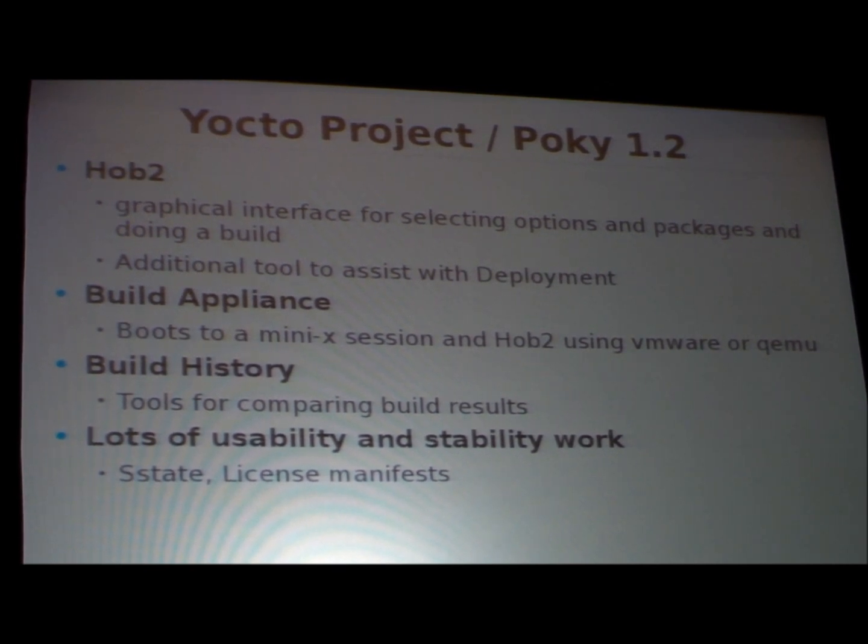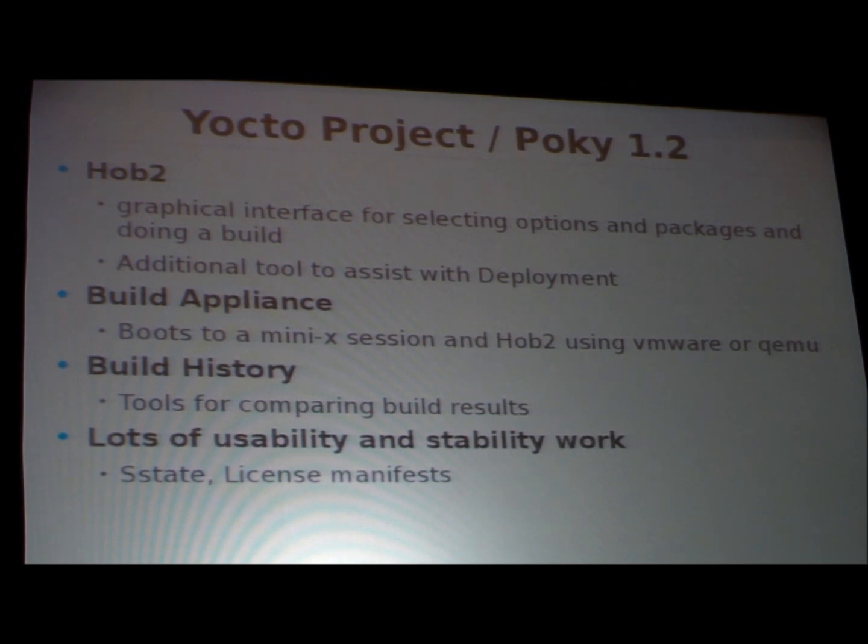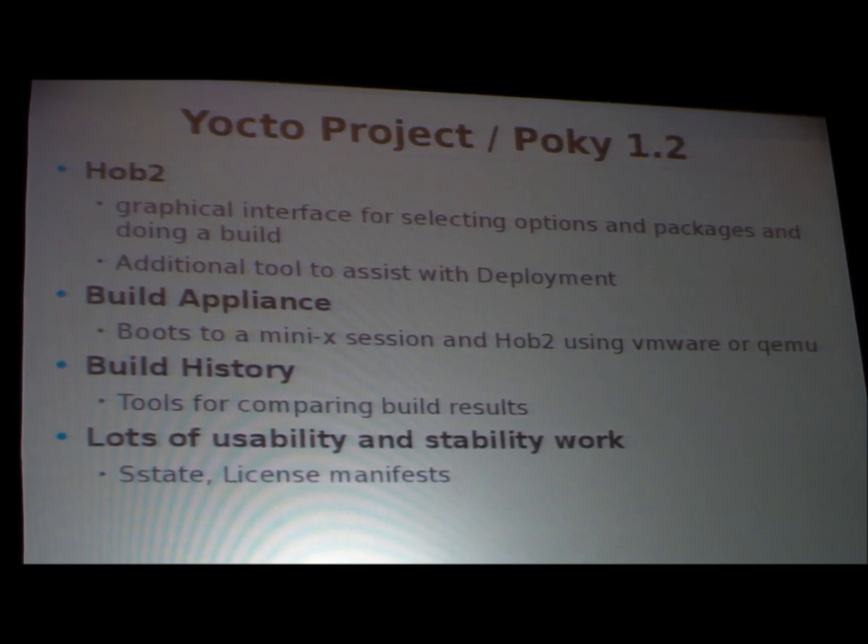We've added tools for build history, and this is great for packaging and for size tracking. So we add some information so that if packages changed or if the size of an image has changed, we can track that. And there's lots of other usability and stability work, as I said, in shared state, in license manifests, and just in core packages and updating.